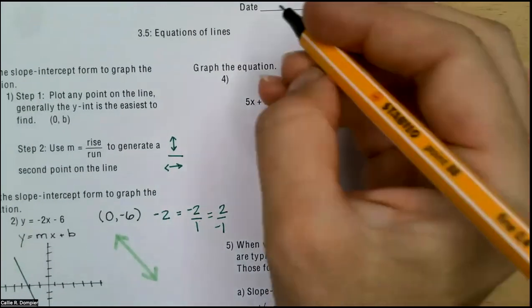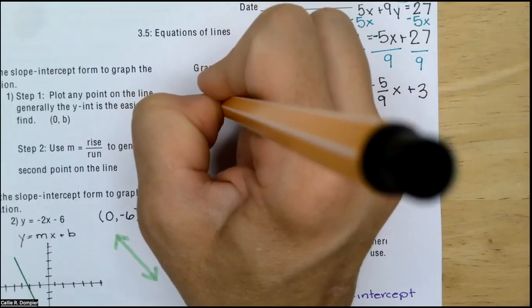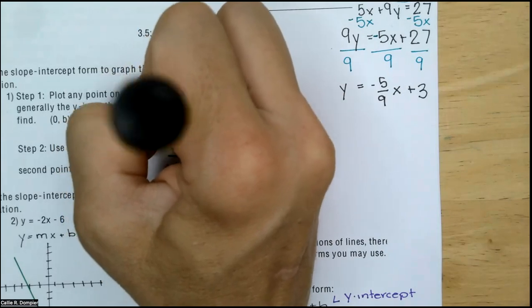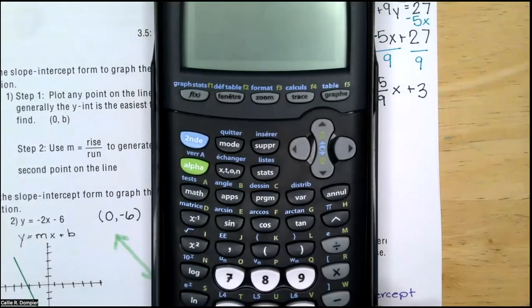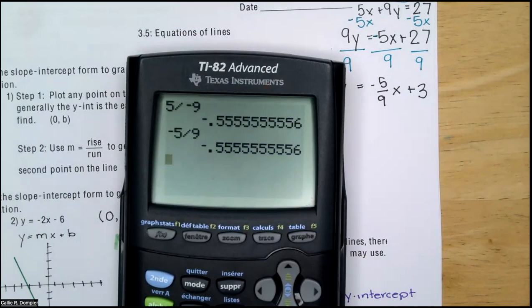Now, what is my m? M is -5 over +9, or +5 over -9. Those are the same fraction. 5 divided by -9 and -5 divided by 9 give you the same number.